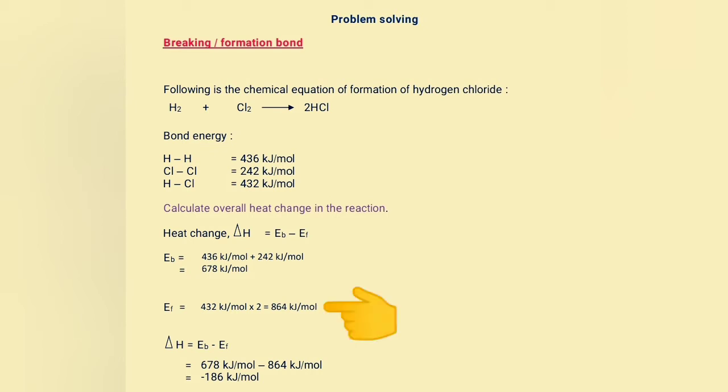EF is the total energy given out to form the bonds in the products. The products mean hydrogen chloride. So the value is the energy to form 2 moles of hydrogen chloride. For 1 mole, the energy given out is 432 kilojoules. 2 moles must be multiplied by 2, so the value for EF is 864 kilojoules per mole.